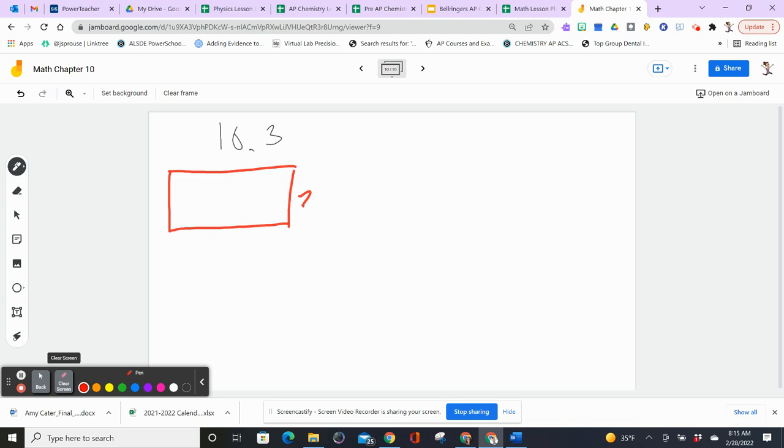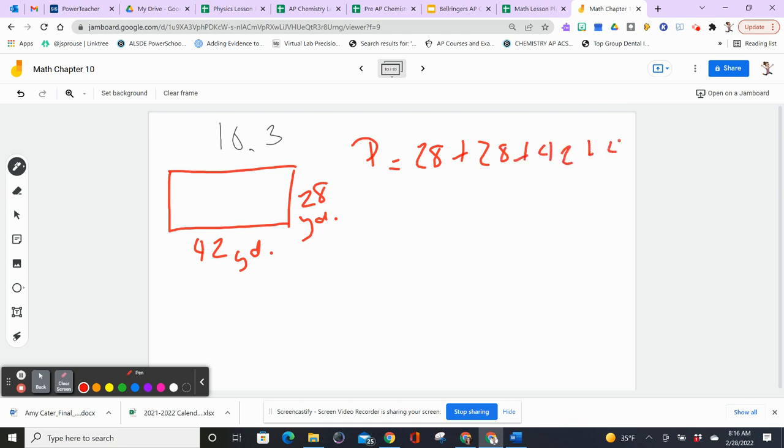It has 28 yards for its width and 42 yards for its length. To find the perimeter, we are going to add up the two lengths and the two widths. So we can say 28 plus 28 plus 42 plus 42.